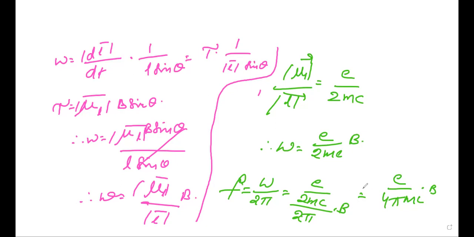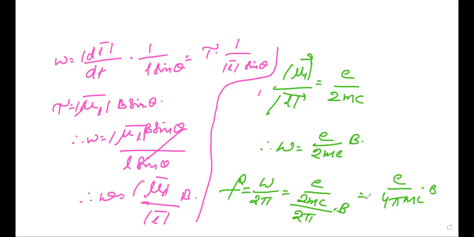So from this equation, it is independent of the angle theta between the orbit normal L bar and B bar.